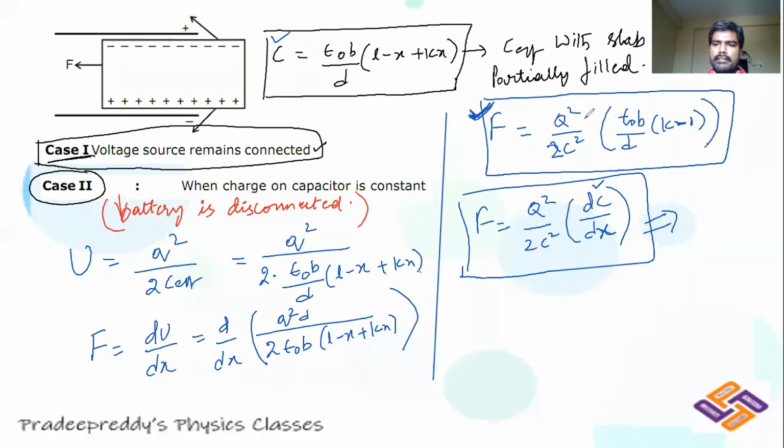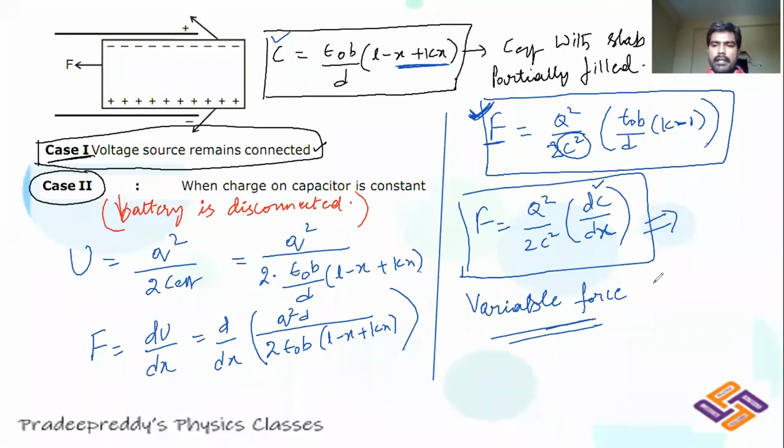Check this expression, this value F. We do not have any x term here, but see, there is a C square. But what is C? C is dependent on x. As C is dependent on x here, the F value will be variable. That depends on how much area or how much length is filled by the dielectric slab. Therefore here you will be getting a variable force, because dC by dx is a variable quantity.